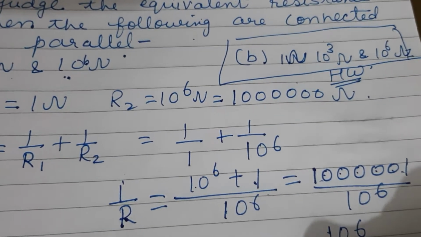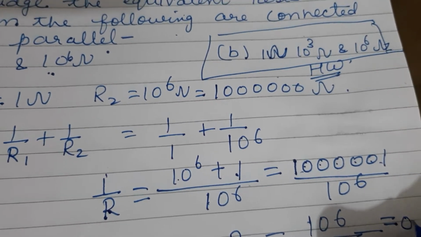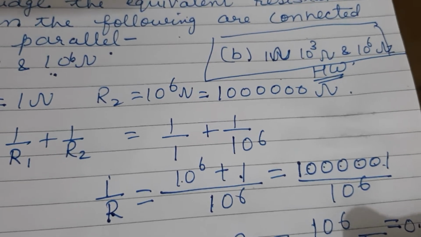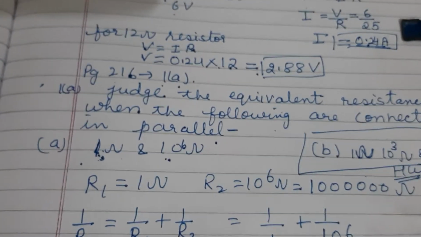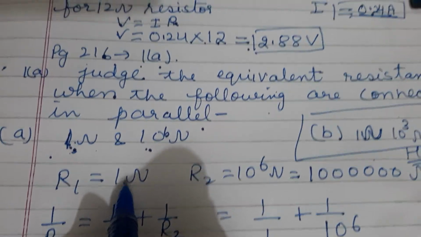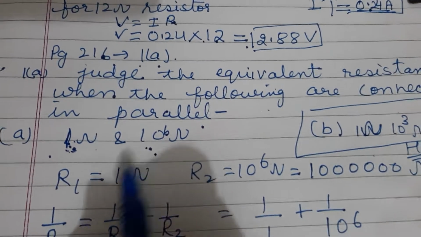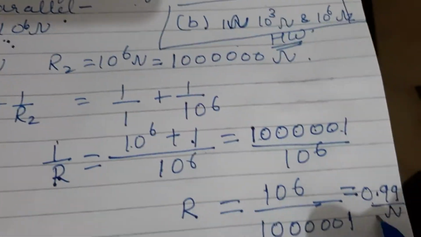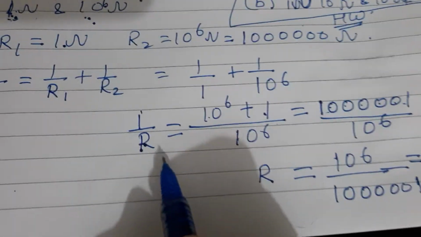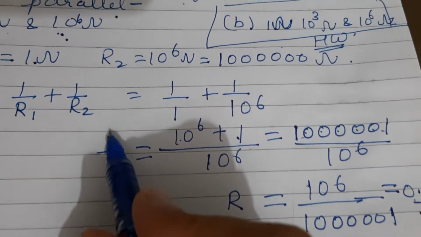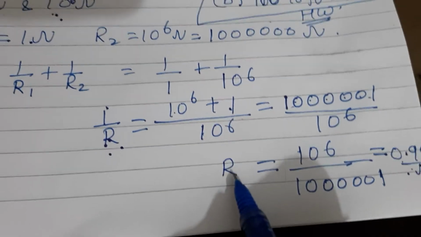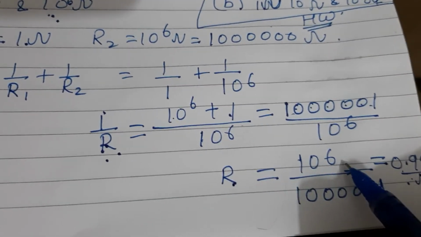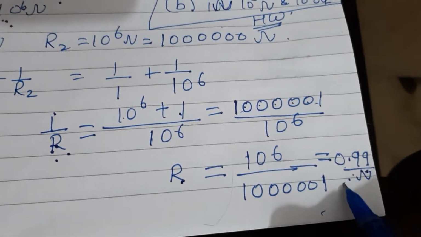So our answer will be 0.99 ohm, which is less than 1, the smallest resistance. Children, don't forget that this is 1 by R and we have to find the value of R. So we will take the reciprocal, then only we can find the value of R.